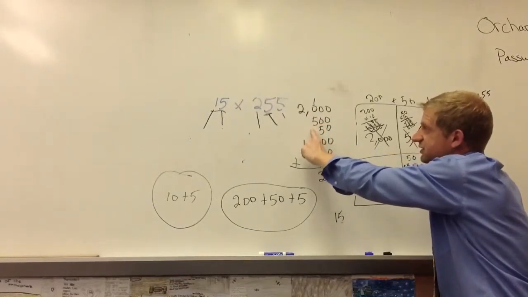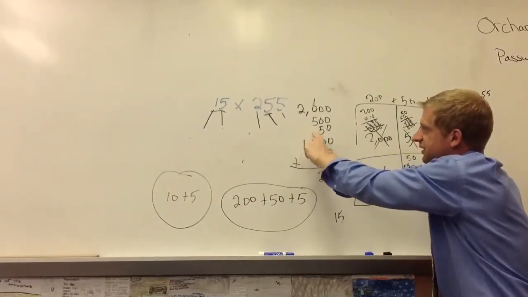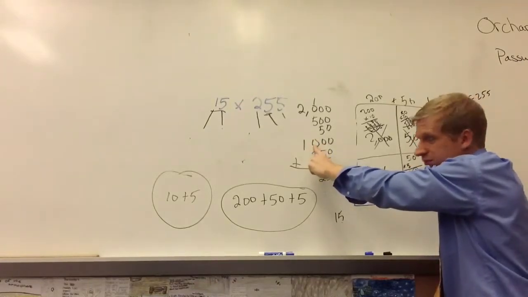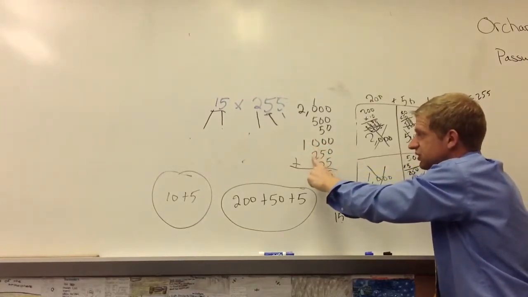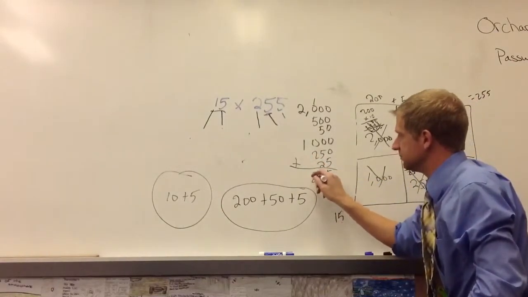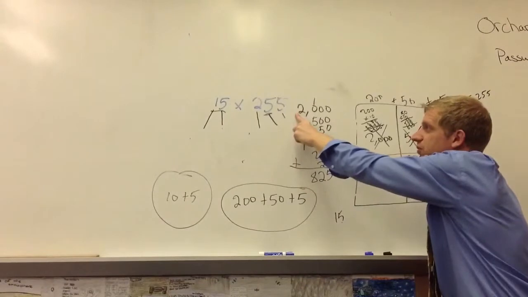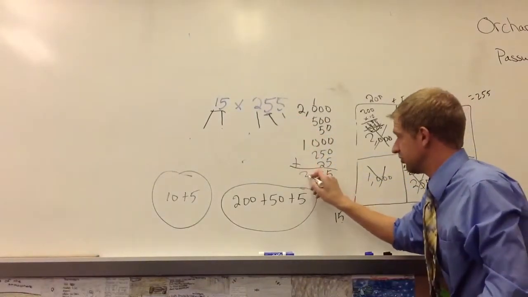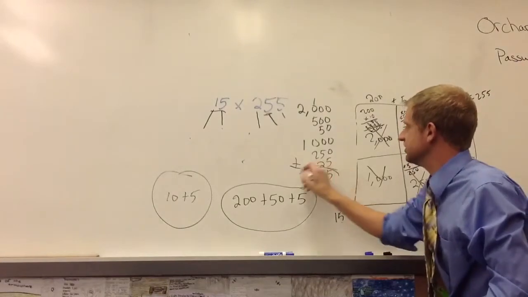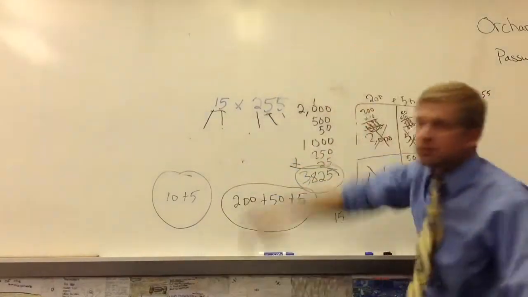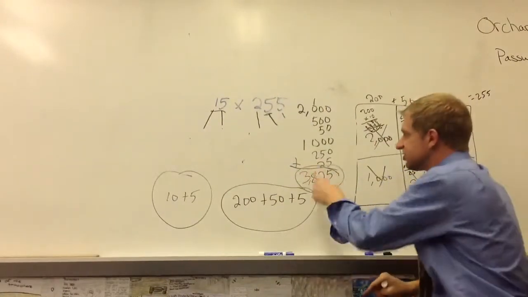Plus 5 is 6. 6 plus nothing is still 6. 6 plus 0 is 6. 6 plus 2 is 8. So we write down 8. Then 2 plus 1 is 3. So our answer is 3,825. So 15 times 255 is 3,825.